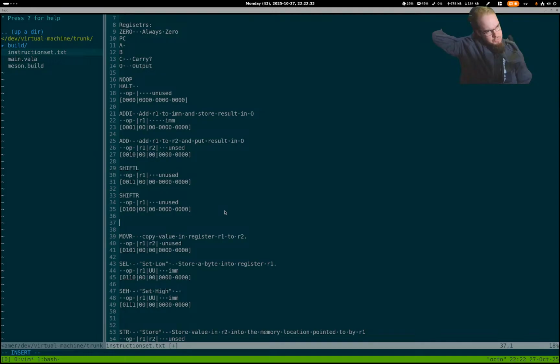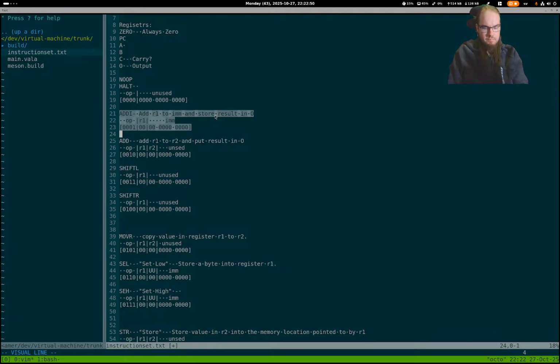And those are going to store the value into R2. So we can just... this should be immediate.